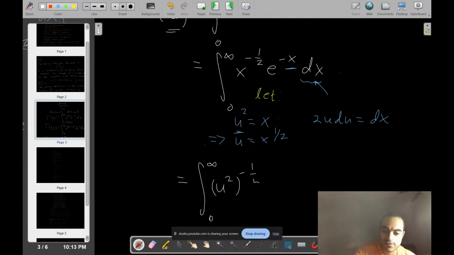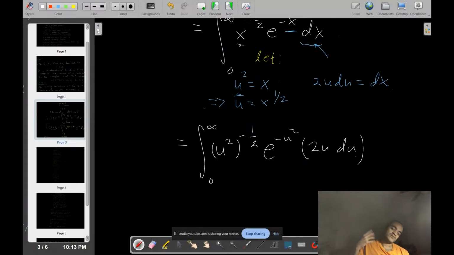See how I'm replacing everything in terms of u? Then this is times e to the negative x, and x is u squared, so negative u squared. dx is now 2u du. Hope that makes sense. So that's what u substitution is. You want to make everything in terms of u.